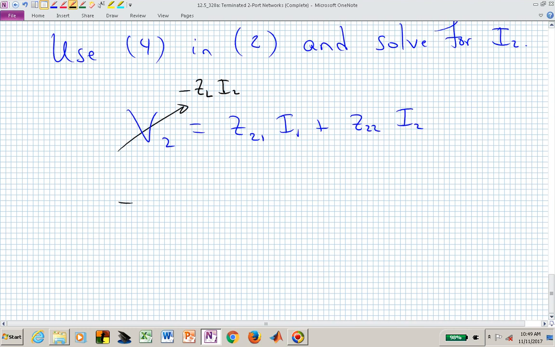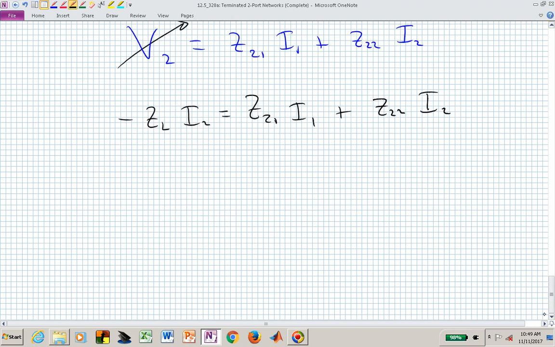Or what we now have is minus Z sub L I sub 2 is equal to Z21 I1 plus Z22 I2. Keep me awake, make sure I'm not writing incorrect subscripts. And now there's our one equation possessing only variables I sub 1 and I sub 2.